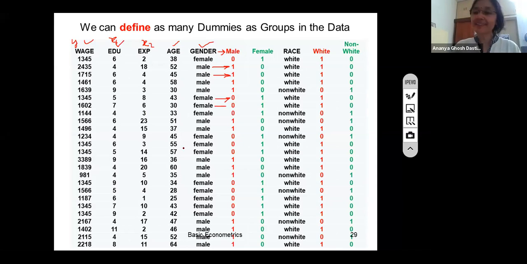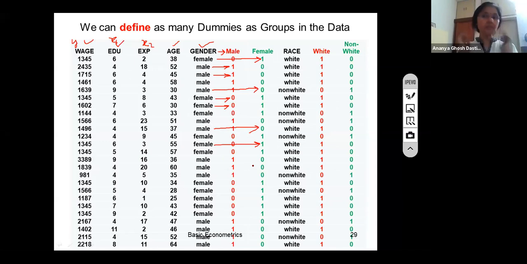Do you see? I like to name my variables in a way so that I know exactly which is the dummy group, that is, the group for which the variable takes the value 1. Now, I have defined another dummy variable called female, where female takes the value 1 if the observation is a female. So female is in green, and it takes the value 0 for all the males. So is this clear?